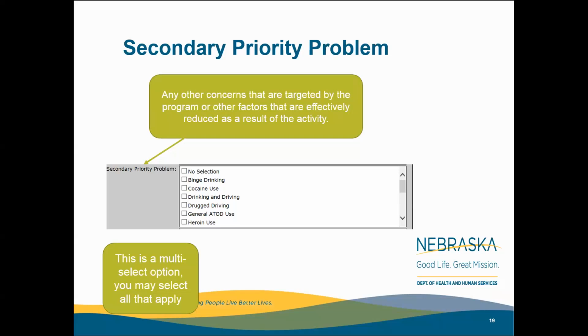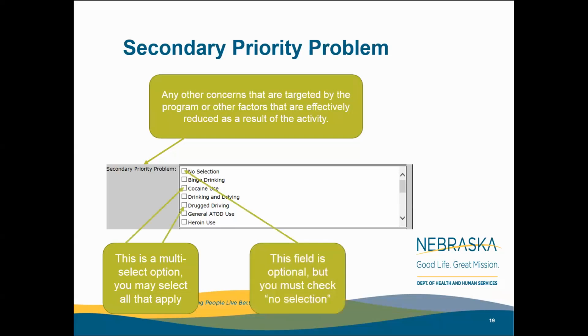Really, if they're addressing all chemicals in a comprehensive curriculum, select general ATOD. If they're really digging into cocaine use as one of the outcomes in that curriculum, then we'd want you to check that particular box. If you have any questions about that, please chime in, or you can ask in the chat.